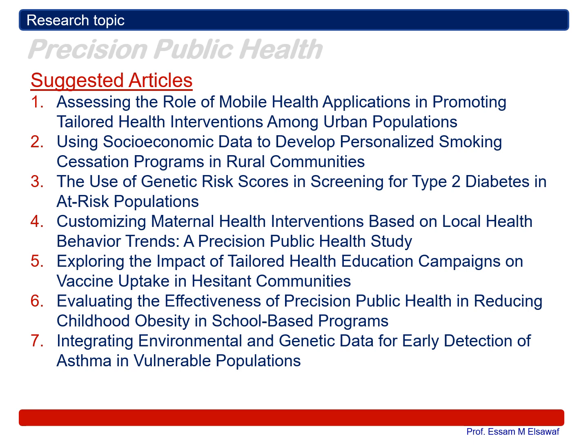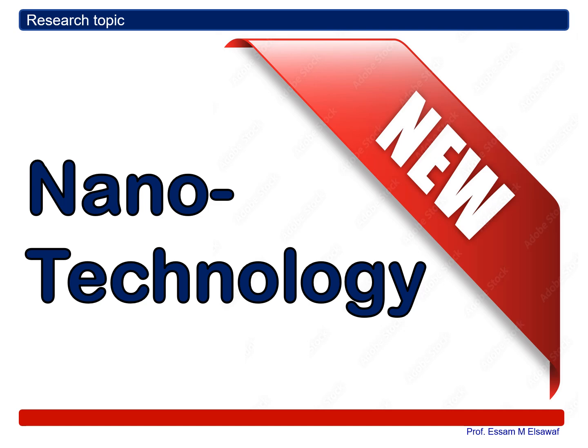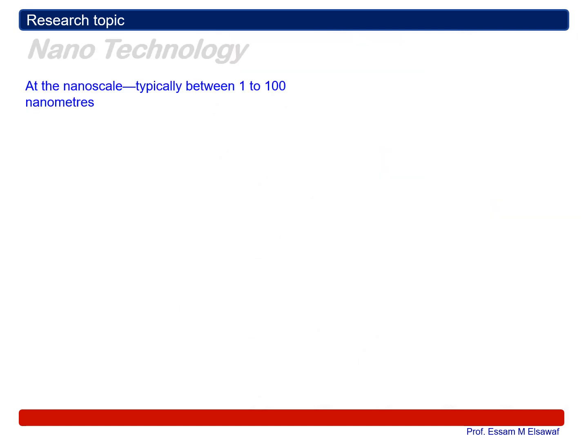Nanotechnology is another new topic which can be used in our research, either in public health or in occupational medicine. What's nano? We have what's known as the nanoscale, typically between 1 to 100 nanometers. It's another scale, separate from centimeters, meters, kilometers.